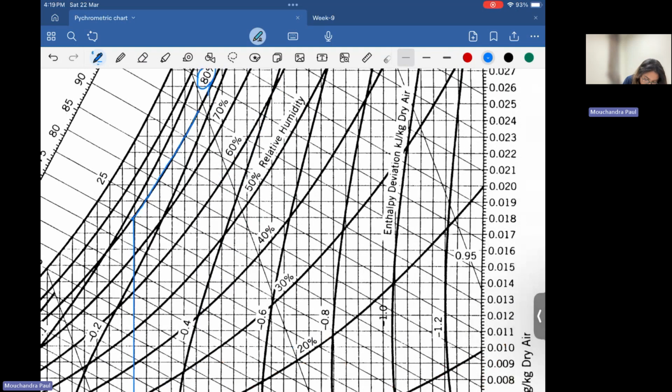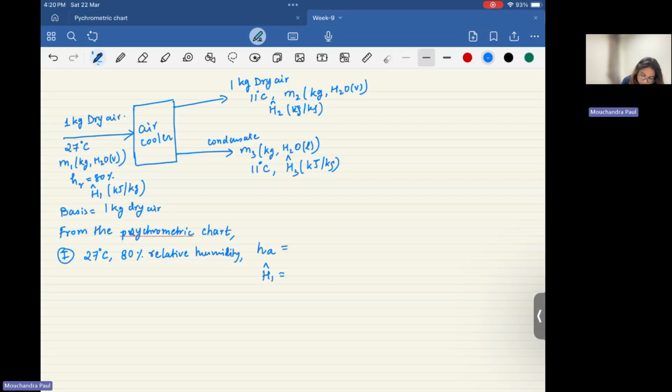And from here, if you see, the absolute humidity is 0.018 kg water per kg dry air.